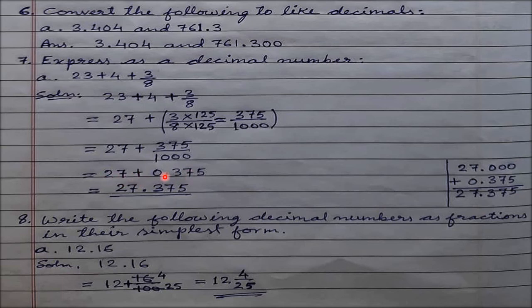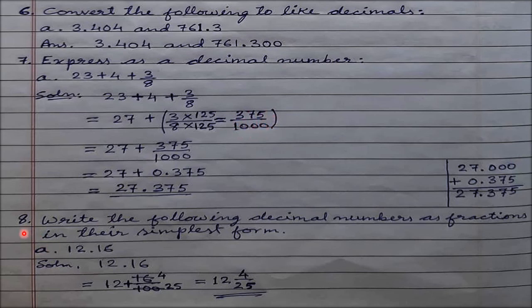So 27 plus 0.375, if you add on the rough side, 27 is 27.000 and 0.375. Add them: 5 plus 0 is 5, 7 plus 0 is 7, 3 plus 0 is 3, the point comes down, 7 plus 0 is 7, and 2 plus nothing is 2. So 27.375. This is the decimal number that we got. We were asked to express as a decimal number. Finally you got the decimal number. The only thing is that the fractional part you have to convert into a decimal fraction.